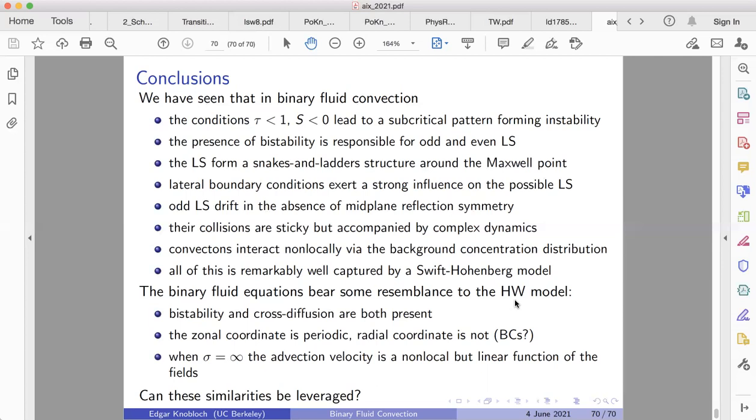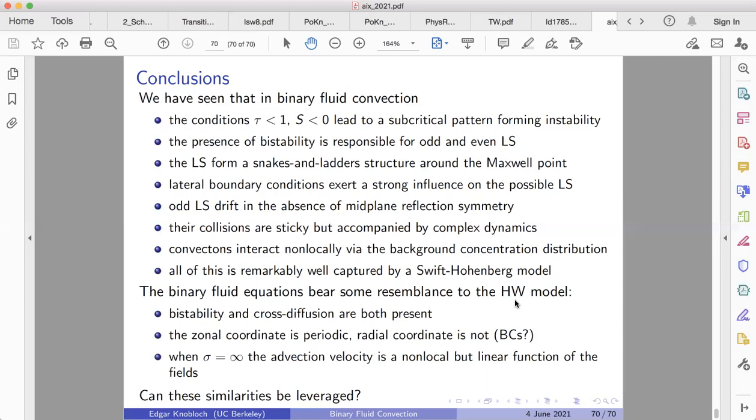Well, I mean, of course, it depends on the heat, because the localized states exist over an interval in Rayleigh number, which quantifies the thermal forcing of the system.